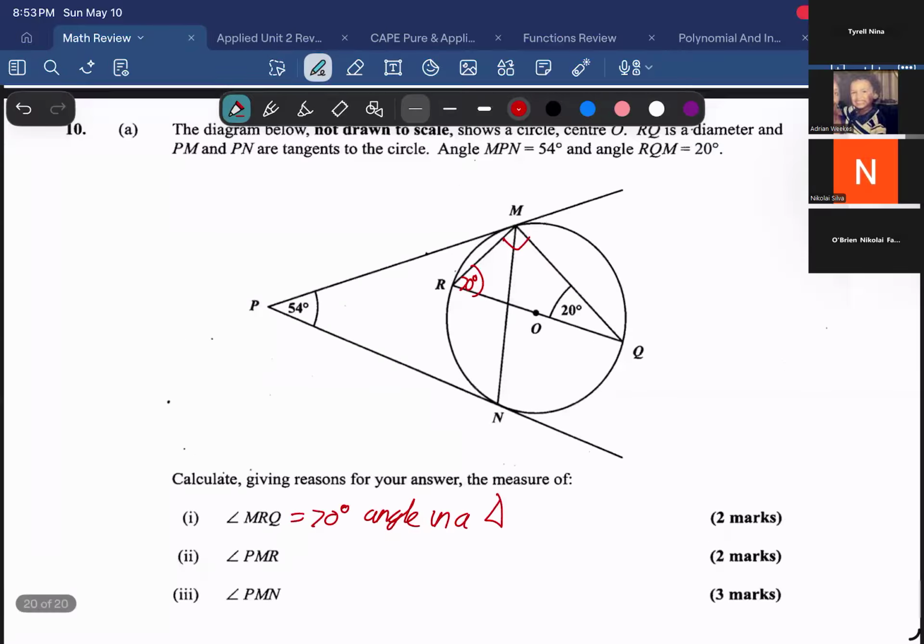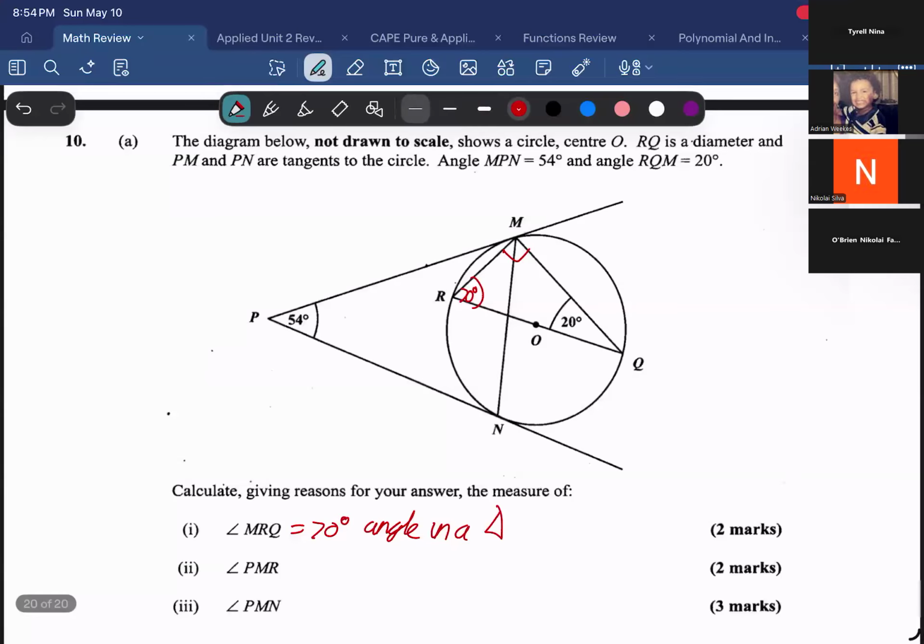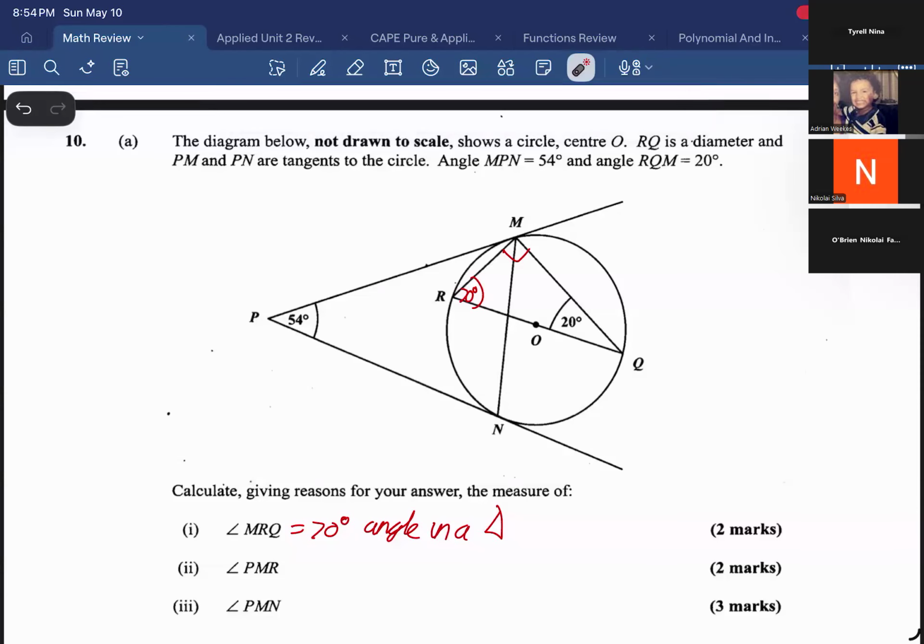So PMR, sorry, PMR. All right. So looking here, that is this angle here. All right, cool. So I want this angle inside here.